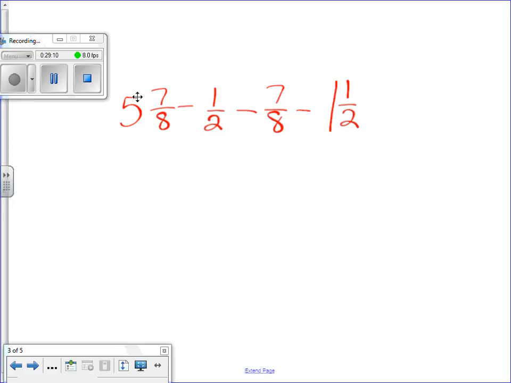They were subtracting these together, and then subtracting that total from over here. That doesn't work. If you're going to subtract, you have to go left to right.